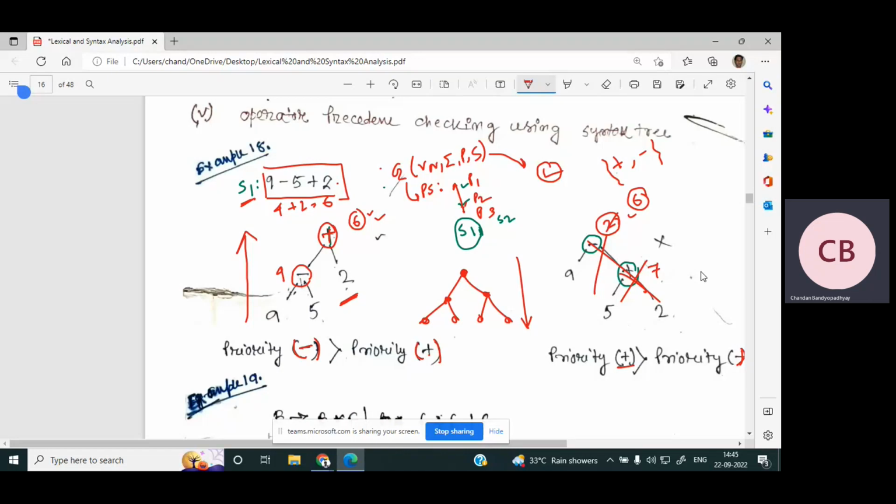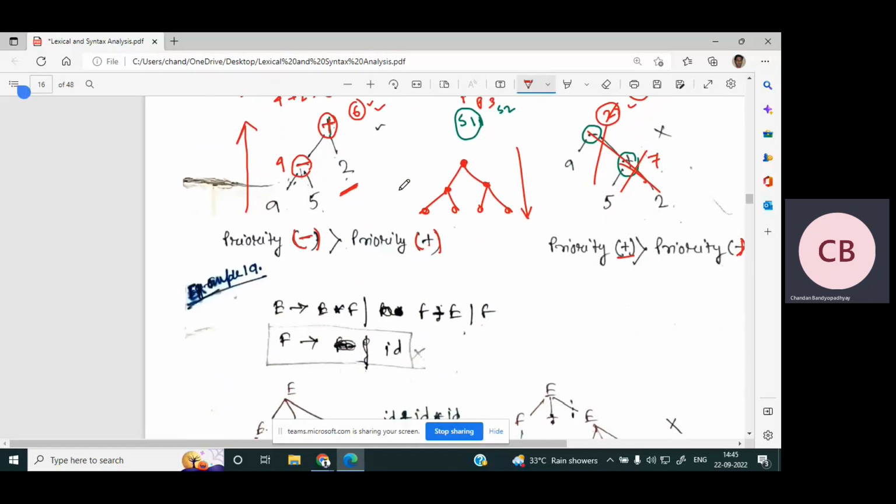So if you are able to get a confirmation that only one tree is designed where this operator is coming first, then the next operator is coming second, then the first operator will have the higher precedence. Right? I hope this is a very simple thing you can remember. So this was one portion from the precedence of the operator.